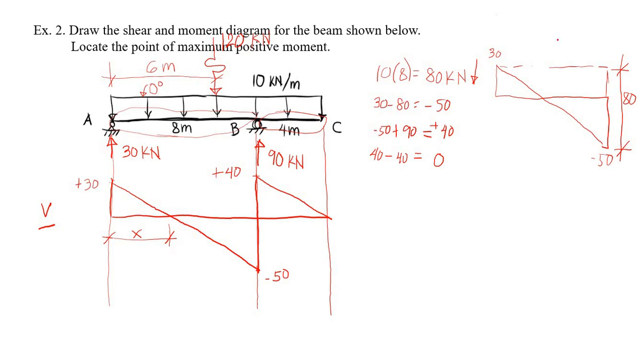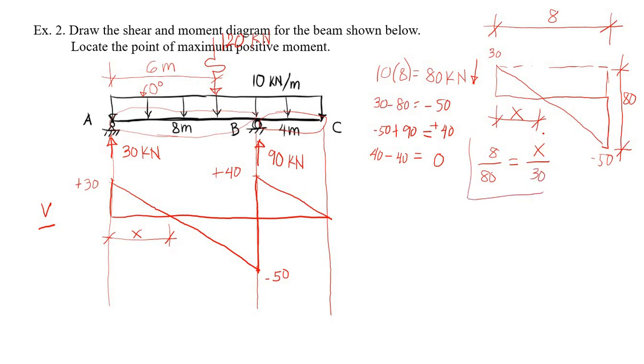So we can now use ratio and proportion to determine our unknown location point of zero shear. This span here is 8. Okay, so we can now locate our x. We have 8 is to 80, using the ratio and proportion, as x is to 30.